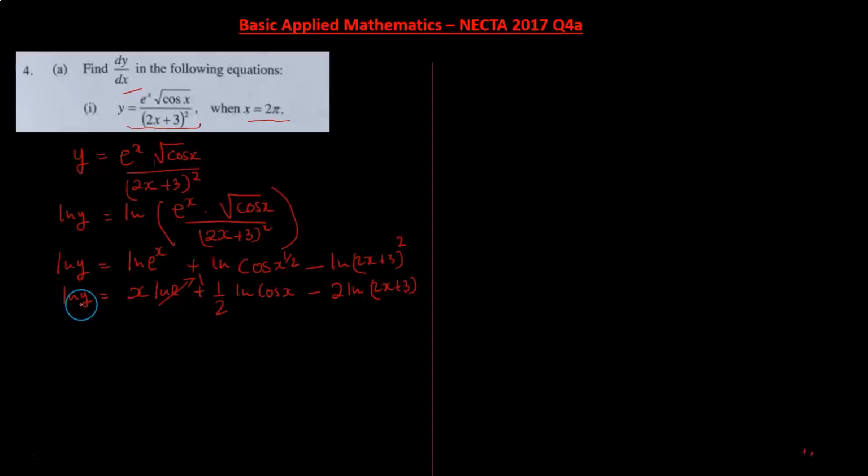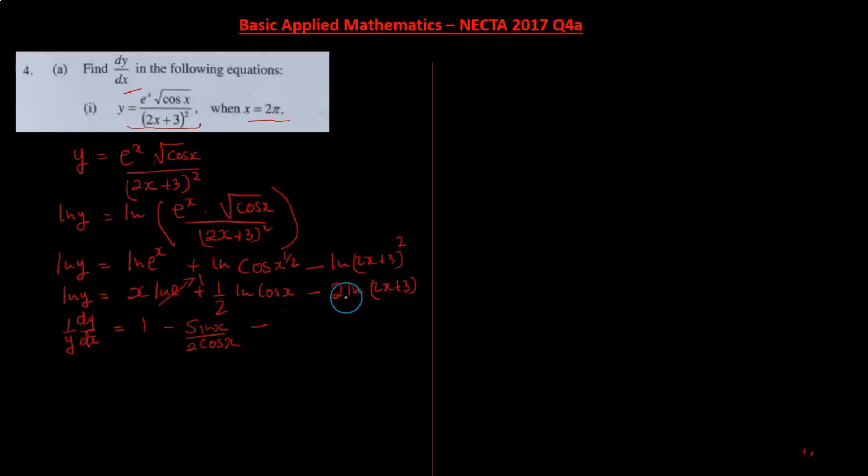So the derivative of y is dy/dx, and then you divide with what's inside, so that's 1 over y, equals, that will give you 1, and then what's the derivative of cos x? That's negative sin x. So we end up with negative sin x over 2 cos x.